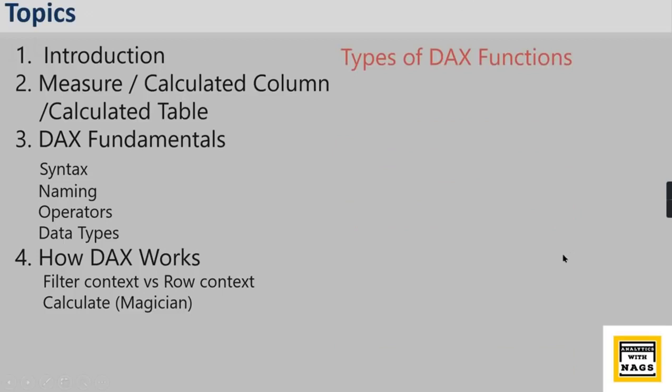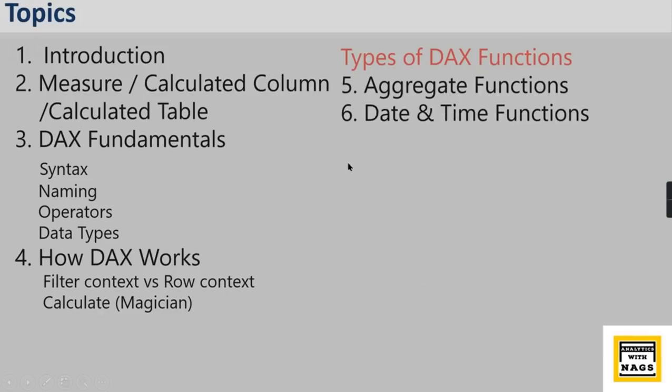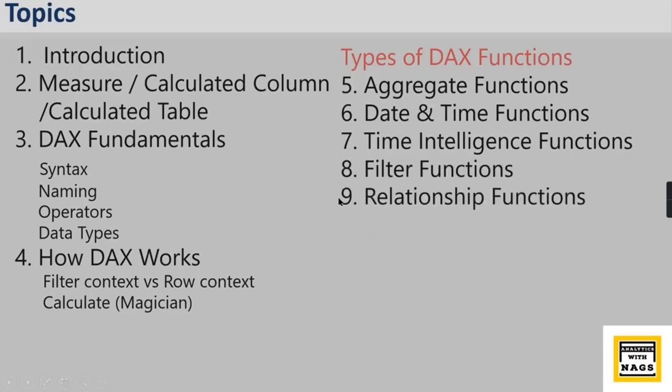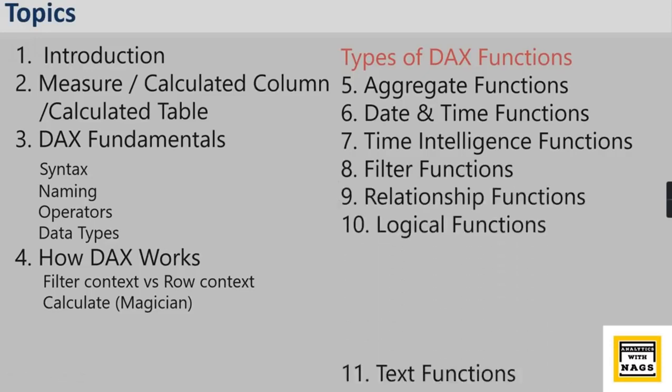Then we move on to types of DAX functions. Once you are familiar with the fundamentals, it is important to know which functions to use in different scenarios. We will start with aggregate functions, date and time functions, time intelligence, filter functions, relationship, followed by logical and text functions.